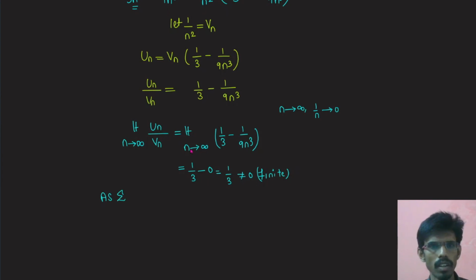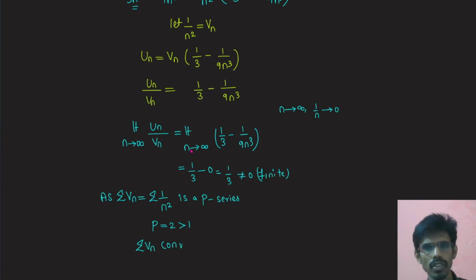sigma Vn. See here, sigma Vn, we have taken 1 by n square, this is a p series, correct? 1 by n square is a p series with p value 2, that is greater than 1. When p is greater than 1, this sigma Vn converges.